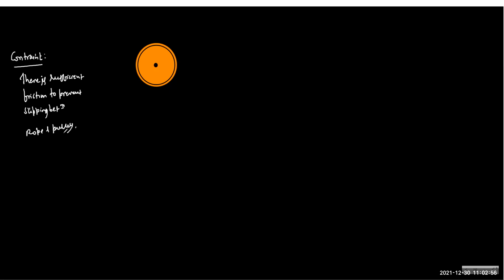Now, they may not mention it that way. Rather, they will say there is no slipping at all. Then it is up to you to infer that if there is no slipping, that is only possible if there is some friction present.